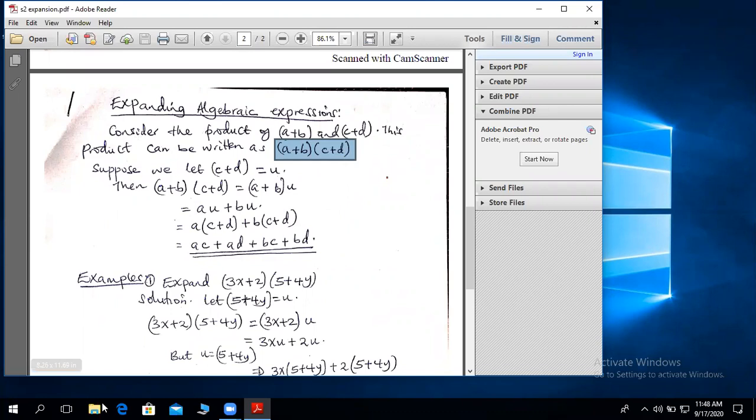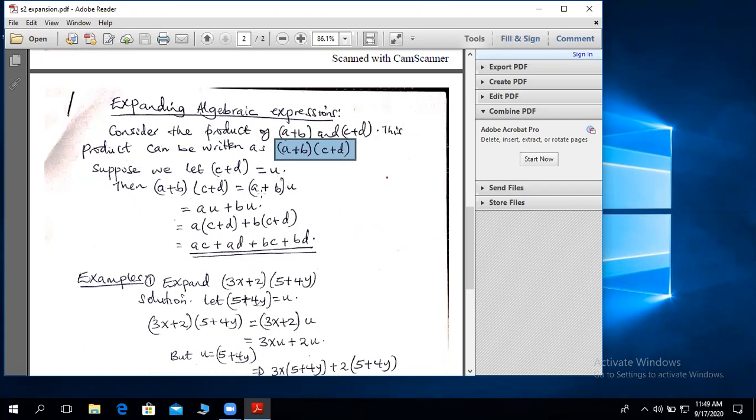The simplest way is to let the second bracket be equal to U. That means this function now is A plus B times C plus D, but C plus D is equal to U. So where there is C plus D, you put U.